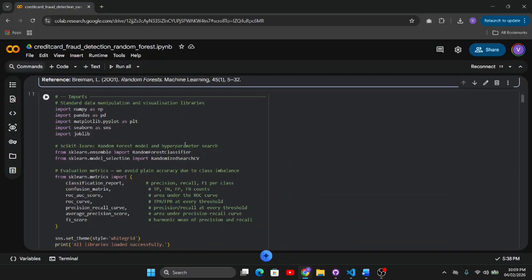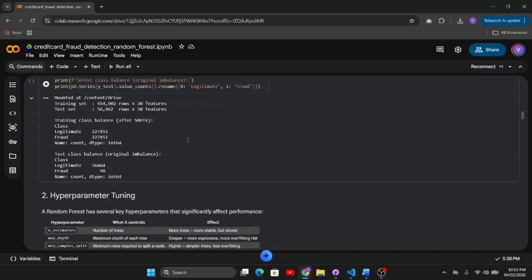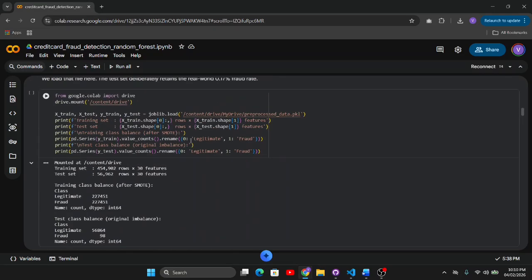These are the imports we have done before we start the model training. We used the Kaggle credit card fraud dataset, which has 284,807 transactions and 30 features.